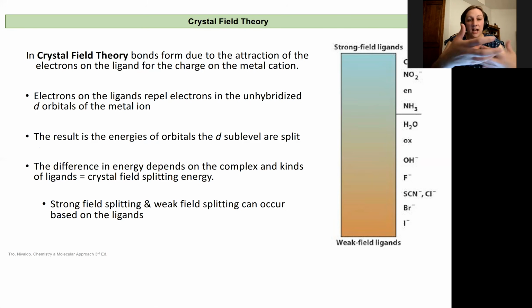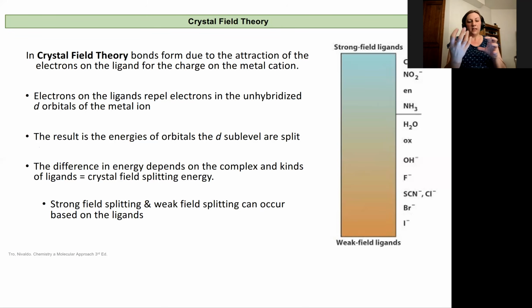It has these hybridized orbitals that are interacting with the orbitals of the ligand, but there are still unhybridized d orbitals that are part of that metal ion that have some electrons in them, or even if they're completely unoccupied, there are still orbitals there. And so the idea is that those unhybridized orbitals will be affected by those electrons coming closer to it.